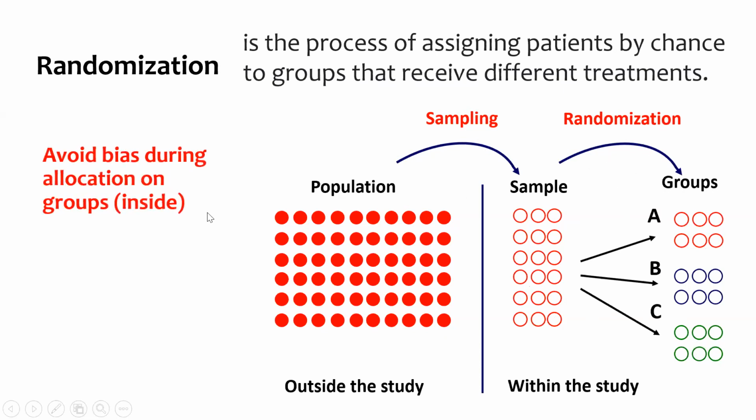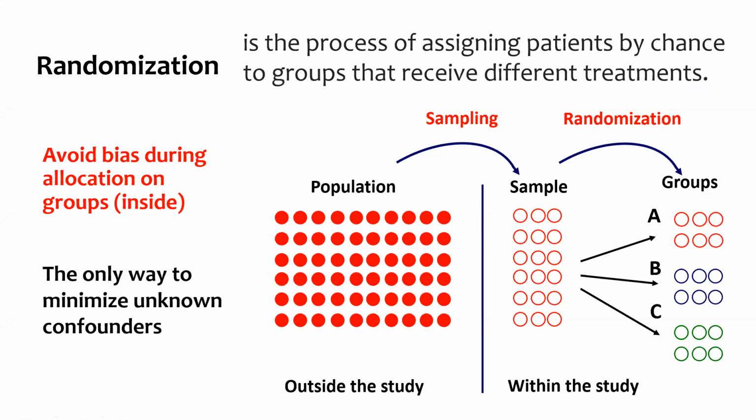The goal of randomization is to avoid allocation bias, the bias that happens within the study, from the process of placing a person in this group or that one. I remind you again that randomization is a very important concept. Why? Because it is the only process by which we can eliminate the unknown confounders. We said there are known confounders, and these are easy, we can overcome them with exclusion criteria, for example. Unknown confounders are difficult to exclude because we don't know exactly what they are.